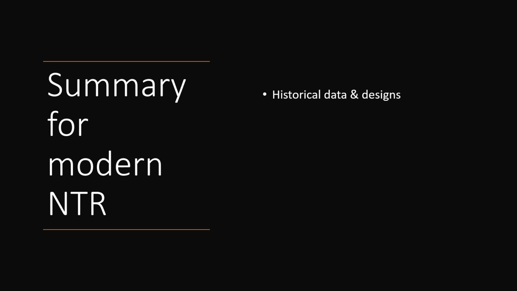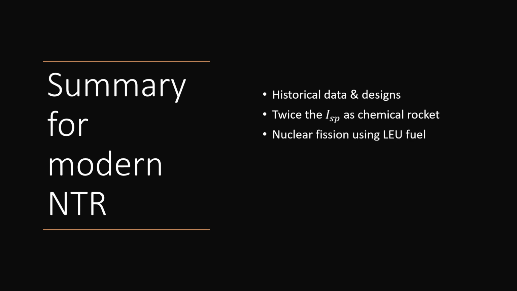So, in summary, thanks to the Rover Nerva program, there's a wealth of data and designs there for engineers to reference and help understand what is achievable from nuclear thermal propulsion and nuclear thermal rockets. We understand twice the specific impulse is achievable from a nuclear thermal rocket as opposed to a chemical rocket.